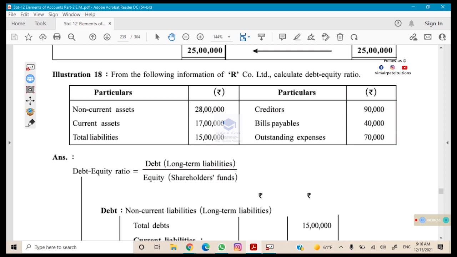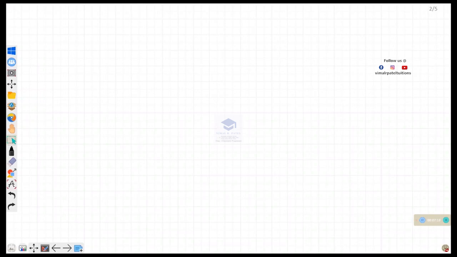Now, from the following information, calculate debt equity ratio. Non-current asset, current assets, total liabilities, creditors, bills payable, outstanding expense. So, you don't have long-term liability and you don't have shareholders fund. In this sum, total liabilities are given and current liability, that is creditors, bills payable and outstanding expense are given.